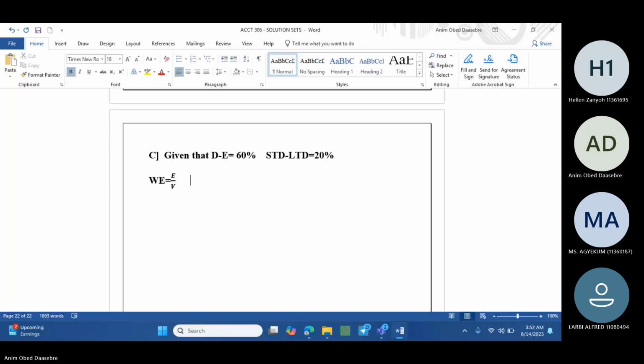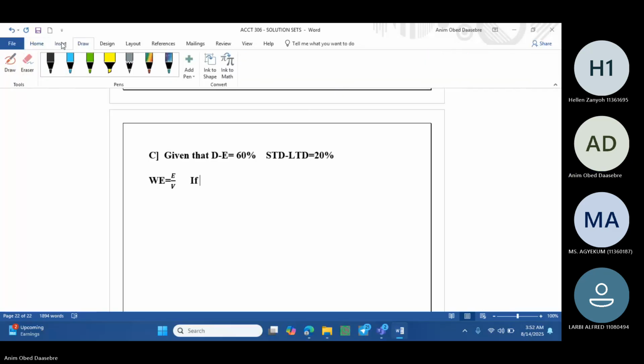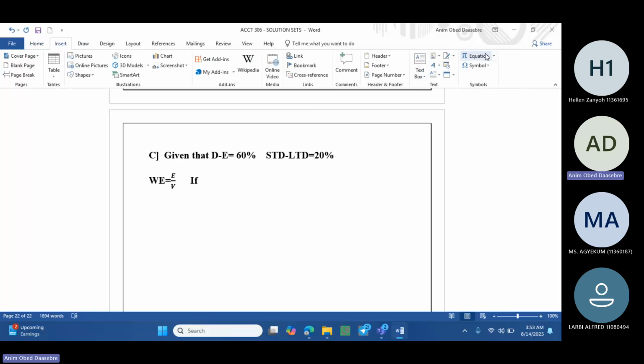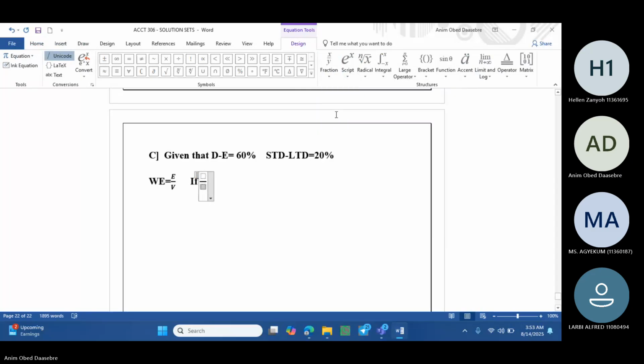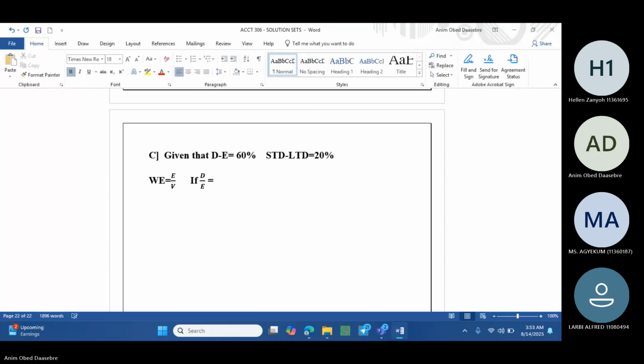So if you have the debt to equity ratio to be 60%, how are we going to find the weight?